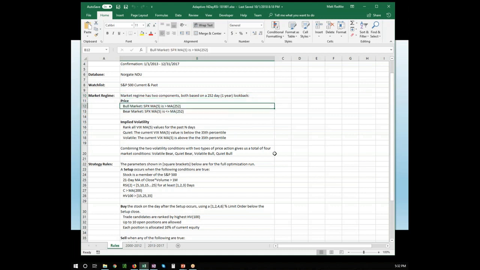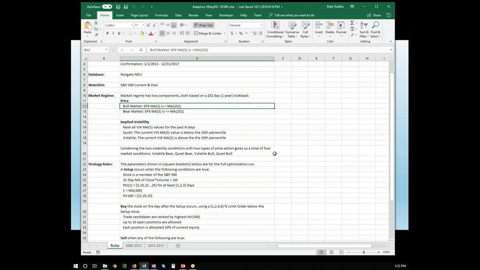So for the price, we're calling it a bull market if the 5-day moving average of the S&P 500, SPX, is above the 252-day or 1-year moving average. The reason for using MA5 on the left side there is just to avoid spiky behavior and smooth things out a little bit.